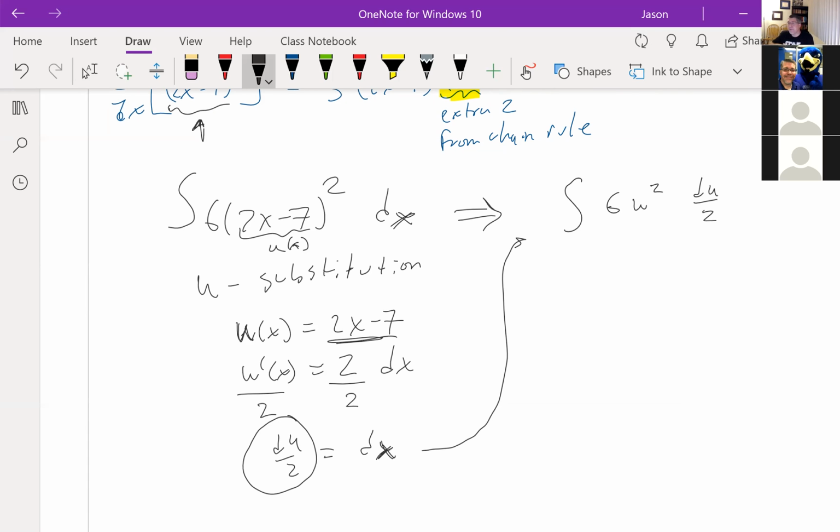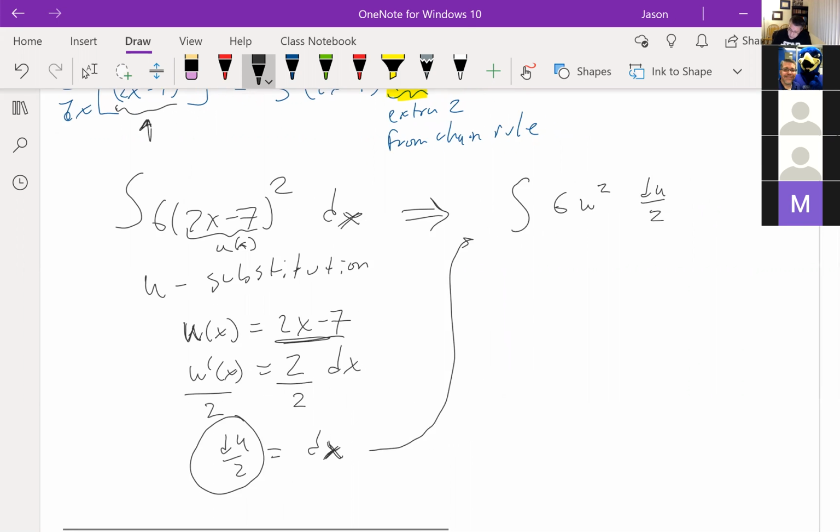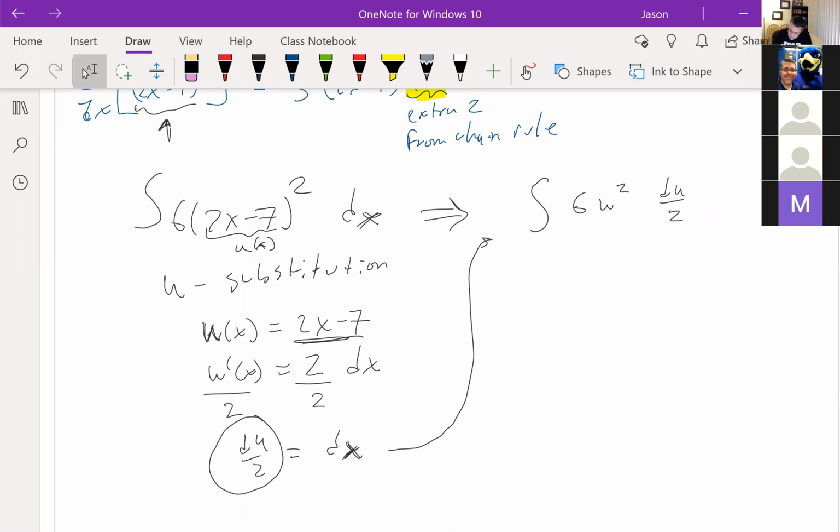Taking the integral, I have to divide by 2, to undo that. 6 divided by 2 is 3, so we get 3u squared.